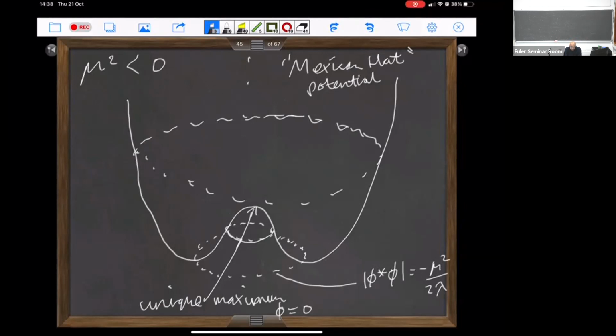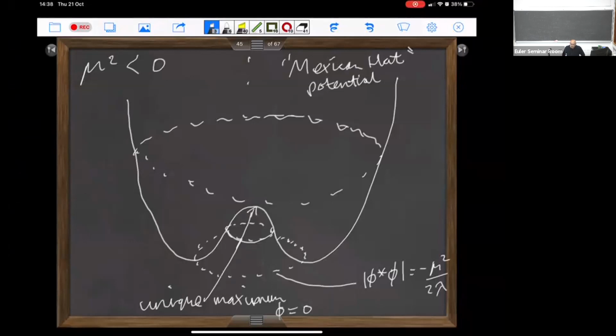What's going on is that the kind of physics that this sort of potential describes is known as spontaneous symmetry breaking, because you have this U(1) symmetry, which you can sort of visualize in the potential here.